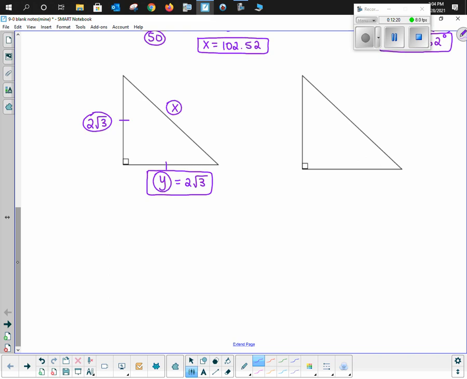You want to get longer, therefore you're going to multiply by something. So I'll just say you're going to take 2√3 and you're going to multiply by something, and that number is √2. Okay, that should give us x equals 2√6. Okay, the 2 and the 1 in front of the root multiply, the 3 and the 2 under the root multiply.